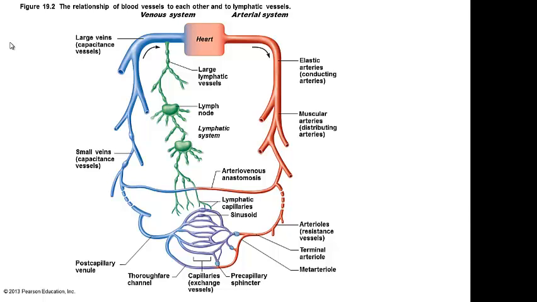Another system, the lymphatic system. One of the jobs of the lymphatic system is to help reabsorb back into the circulatory system some of those excess fluids that leave the capillary beds from the circulatory system.